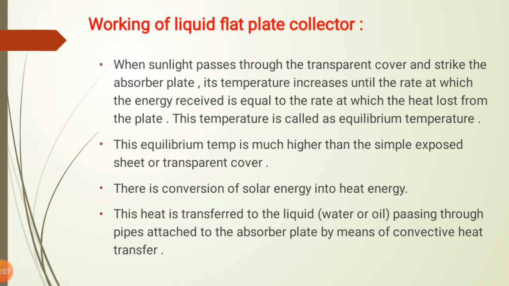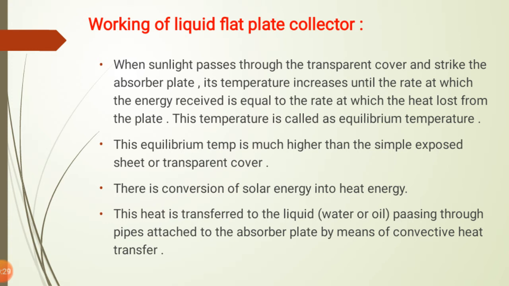Equilibrium temperature means all radiations are absorbed and simultaneously emitted. When the absorption and emission rates are equal, the equilibrium temperature is high, and this is obviously higher than the temperature of the transparent cover.